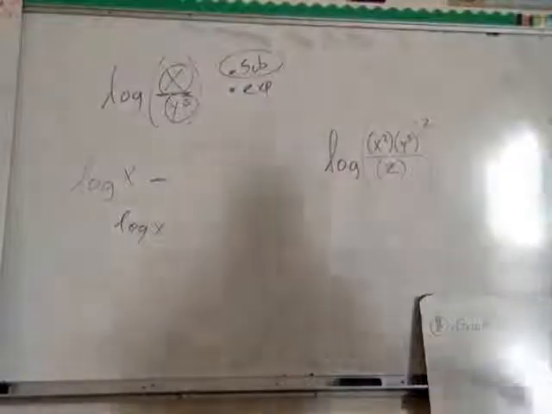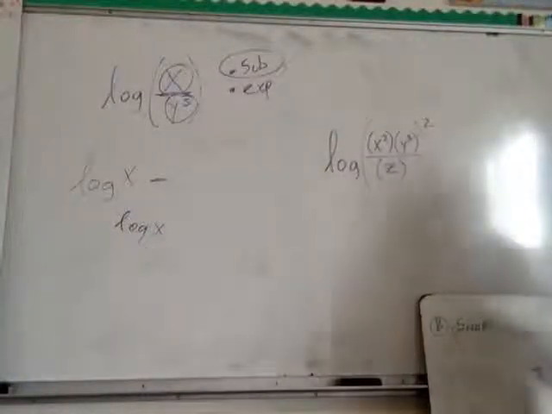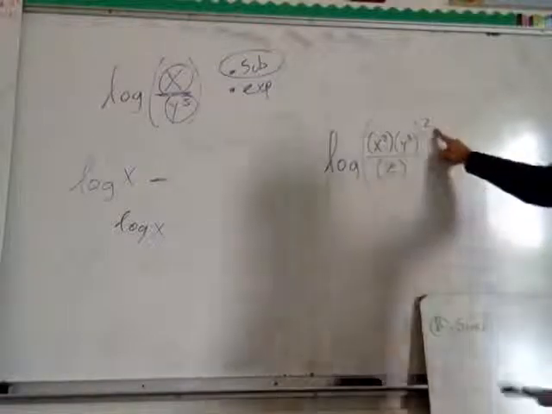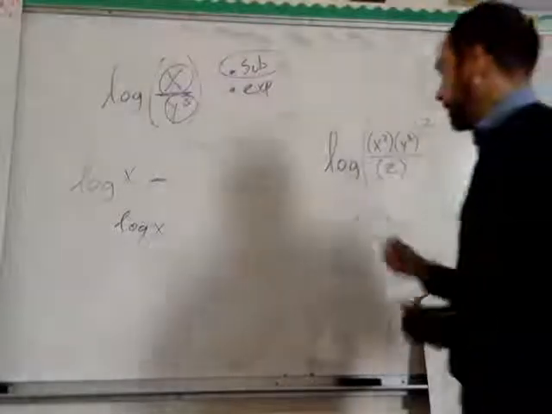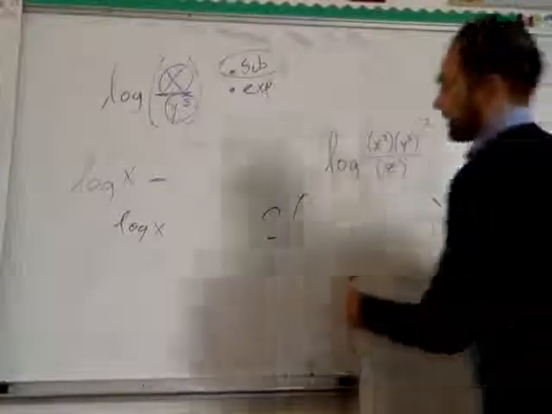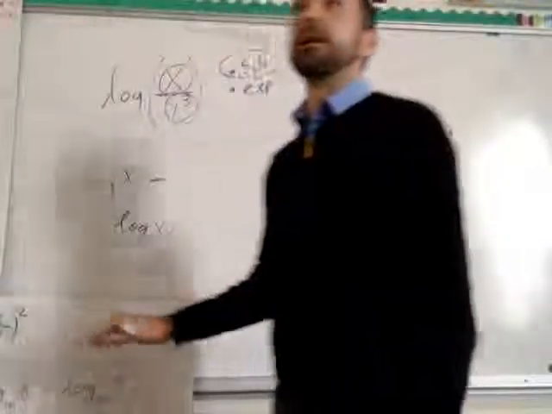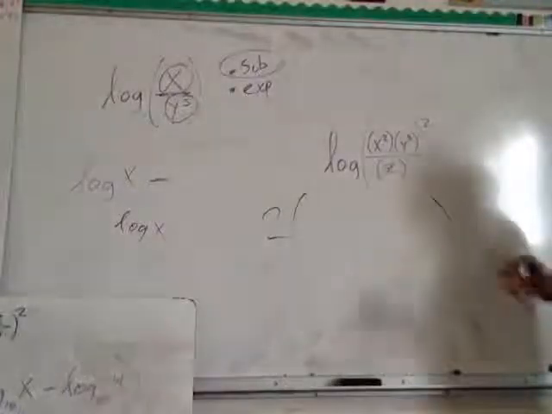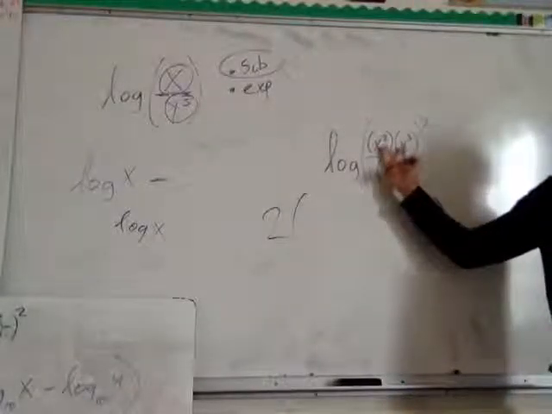All right, I want to show you guys this. What is the exponent that applies to everything? 2. This one here. Okay. So it's going to be 2 out front. Now, I have addition and subtraction properties going on. The addition is going to be these two that are multiplied together.